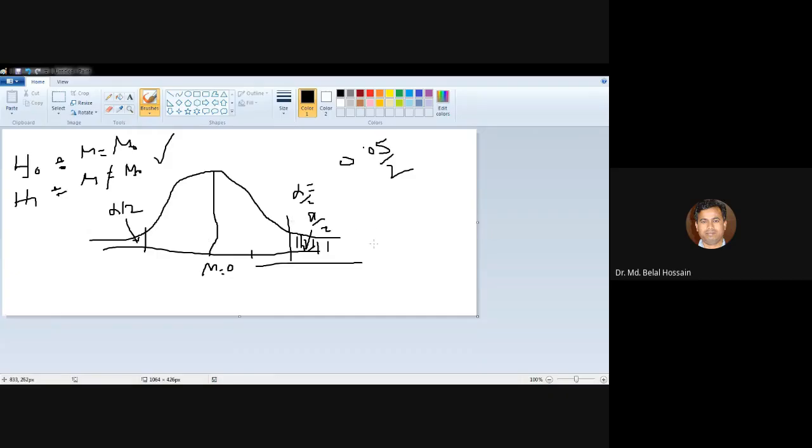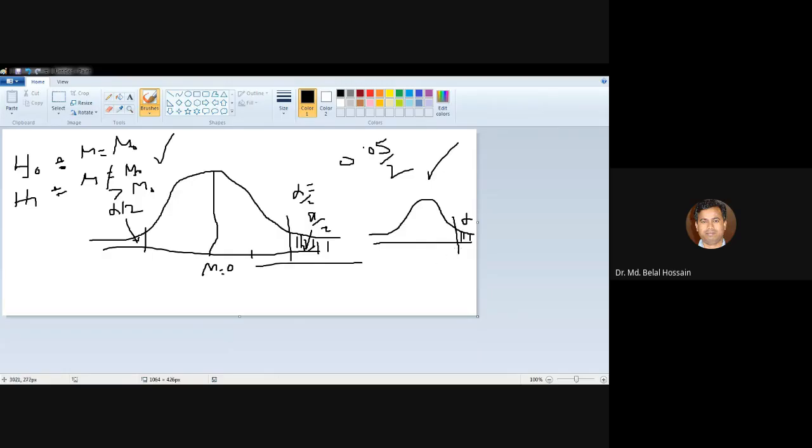And if you have a distribution and only one alpha in here, we call it a one-tailed test. Alpha equals 0.05. When your hypothesis is greater than, mu greater than mu naught, the test statistic frequency distribution looks like this.